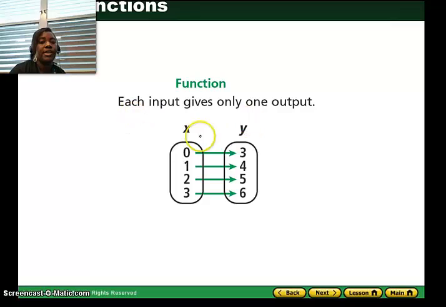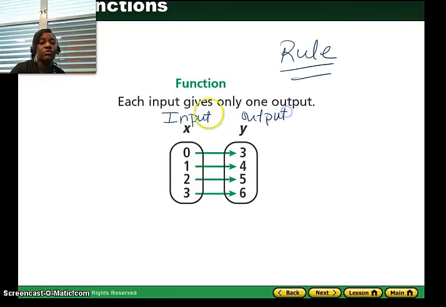This right here will be an example of a function. Let's see if you can figure out the rule. The rule is what we are doing to x, the input, to find the output. What are we doing to x to get y? In this case, it will be plus 3.